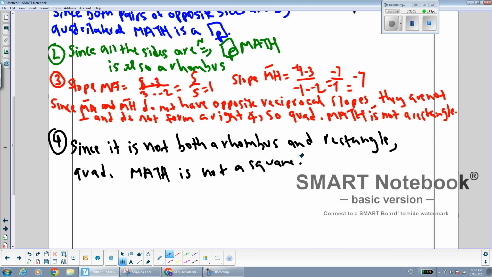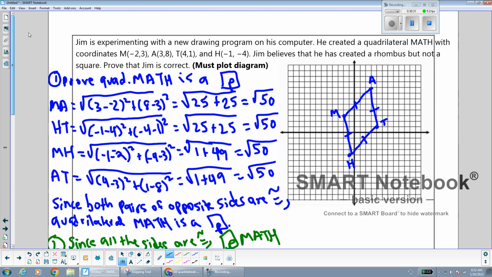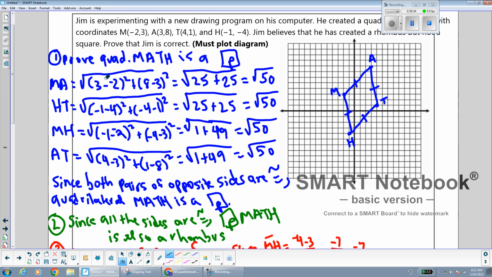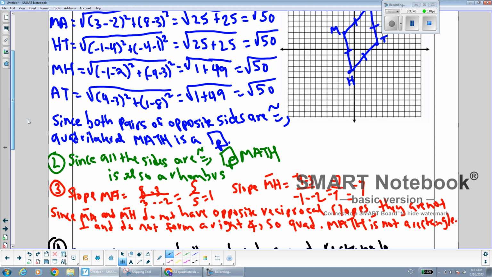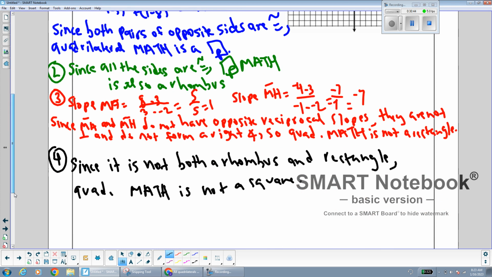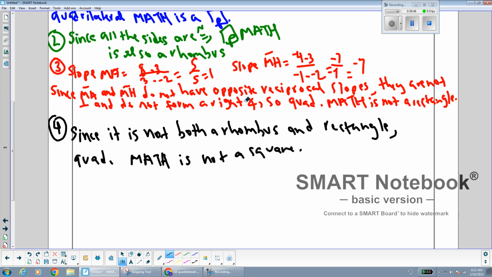So just remember a concluding statement for each part that you need to justify your goal. So we needed to prove that it was a parallelogram first, and I had a concluding statement for that. Then that it was a rhombus, and I had a concluding statement for that. Then that it was not a rectangle, so I had work and a concluding statement for that. And then finally, I needed to answer the question and explain why it was not a square, because it was not both a rhombus and a rectangle.